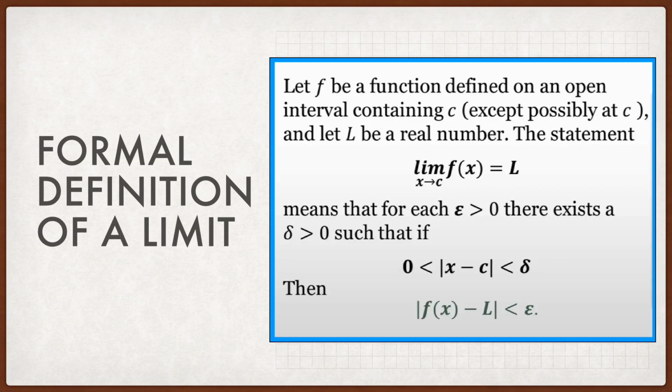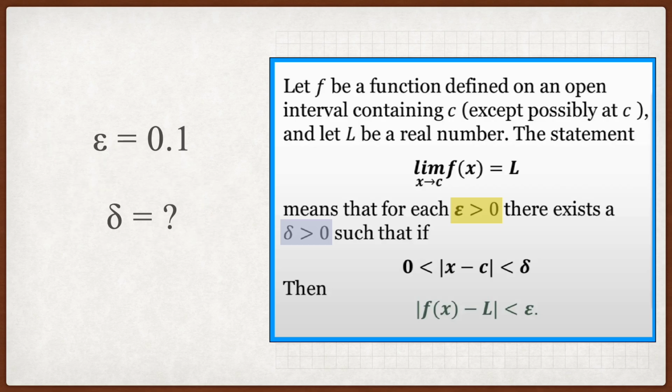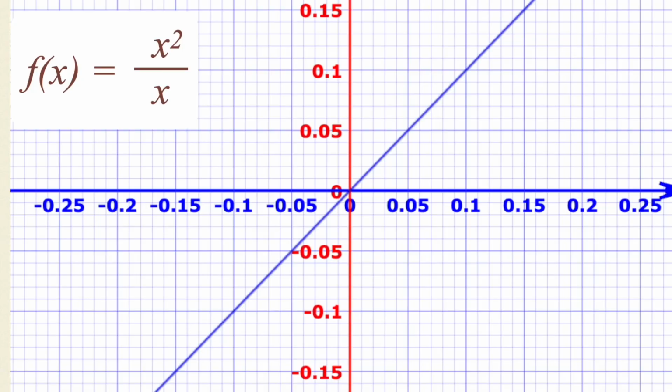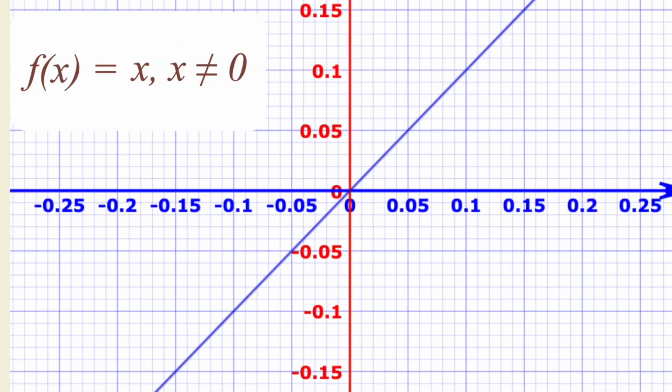We're choosing an epsilon, and then we come up with a delta that goes along with it. So let's say that epsilon equals 0.1. What x values can we put in the function to get y values that are within 0.1 of the limit 0? So the function is x squared divided by x. It's the same as the function f of x equals x if we're not looking at 0.